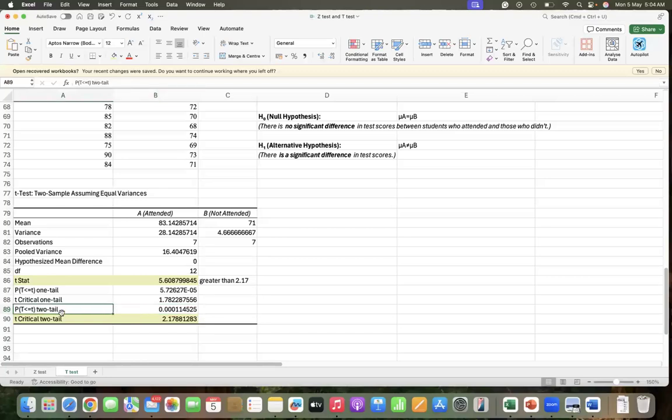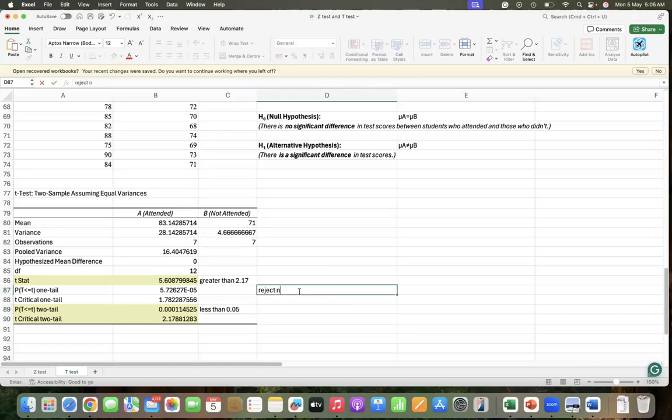P value two tail, we will look. It is coming out to be 0.000, which is less than the 0.05 significance level. It again goes in the rejection region. 5% से कम है. That means there is very little probability of saying that the null hypothesis is true. So again we reject the null hypothesis on the basis of the p value also.